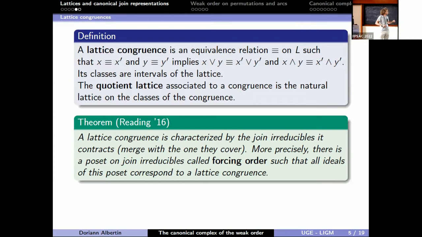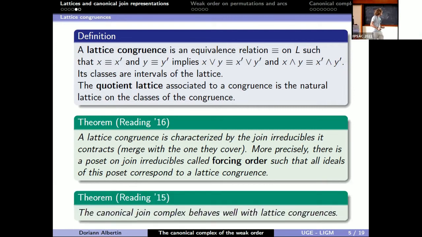And the join irreducibles that can be contracted by a congruence are going to be an upper ideal of this order. Before that, I have to say that these lattice congruences and the canonical join complex really like each other. They behave really well together. And I'm going to make this more precise on the example again.